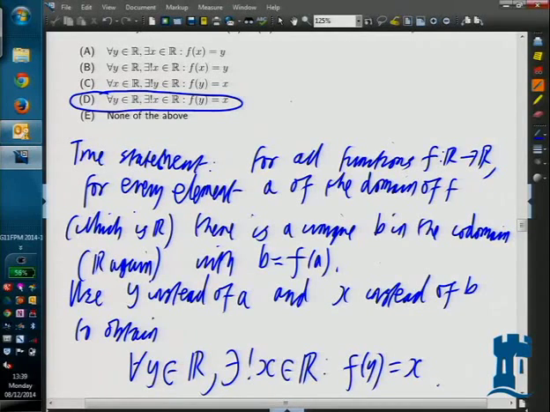Okay, so all the other ones are wrong, but let's see what they actually say. So A: for all y in R, there exists an x in R such that f of x equals y. What does that one tell you about the function?